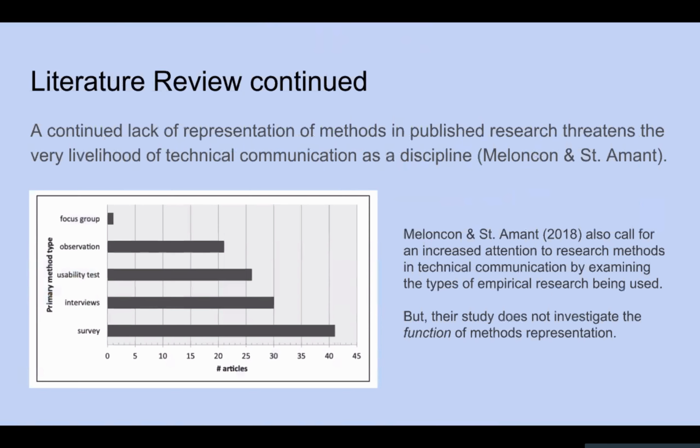And in this article, Melancont and Saint-Amant really looked at the past 5 years of research within technical writing and professional writing, and they looked at the types of research that are being done. And here we can see that they were able to identify that researchers in technical communication and professional communication were using solid research strategies like surveys, interviews, usability testing.